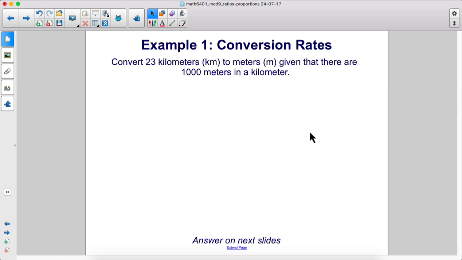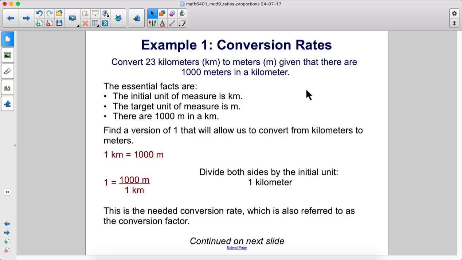Convert 23 kilometers to meters given that there are 1,000 meters in a kilometer. The essential facts are that the initial unit of measure is kilometers, the target unit of measure is meters, and there are 1,000 meters in a kilometer. So let's find a version of the number 1 that will allow us to convert from kilometers to meters.